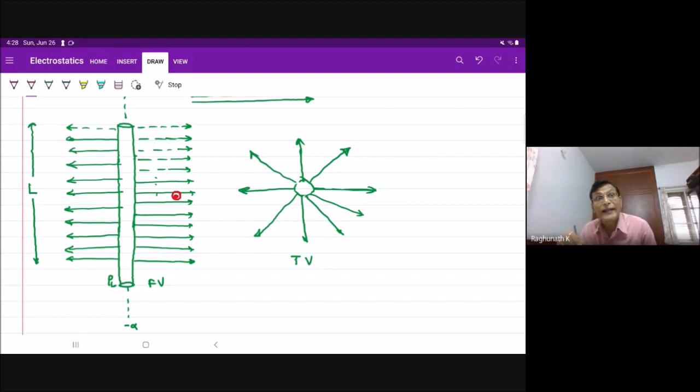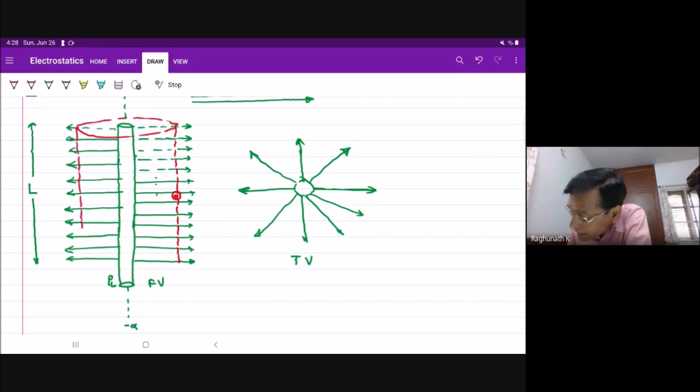We know that the field is cylindrically symmetric, because of which, passing through the point of interest, we will consider a cylinder of radius equal to the distance of the point, having the line charge as its axis. The top view of it is this.